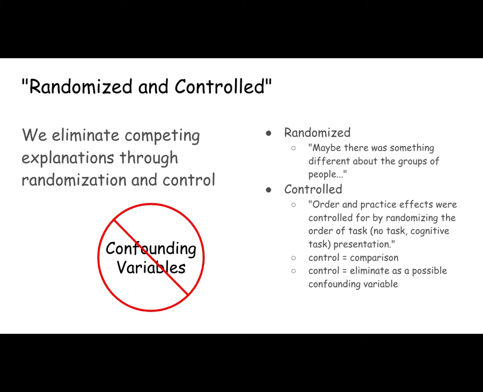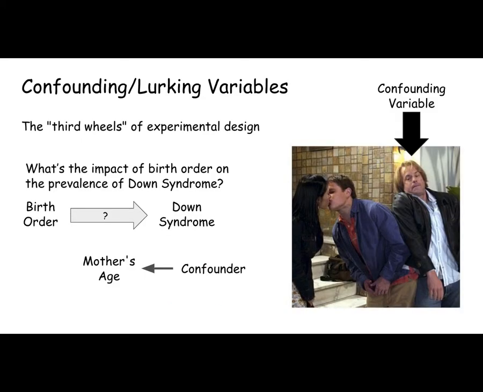So we're hoping to eliminate a lot of those other potential causes. And what we're trying to eliminate are these confounding or lurking variables. Right? So when you see the term confounding or lurking variable, those are those alternative explanations for why we could have gotten the outcome that we did.